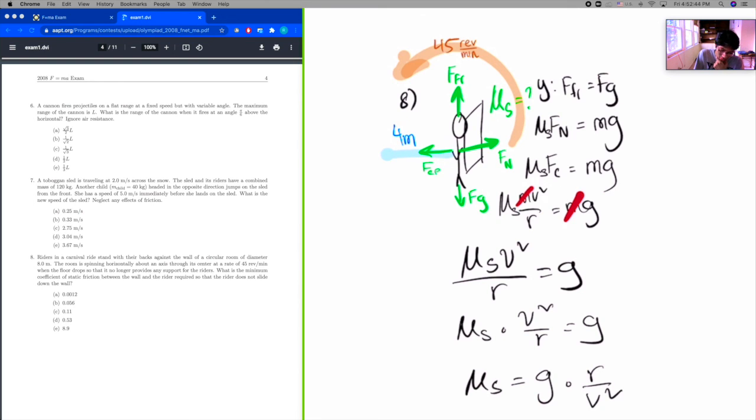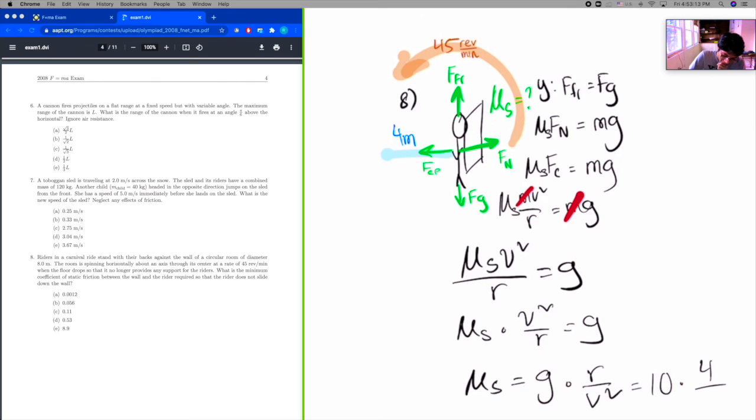Oh, I think I wrote the wrong formula before. Oh wait, no, this is what I got. Anyway, so g r, what is our gravity? That's going to be 10. So 10 times our radius divided by our velocity squared. What is the maximum coefficient of static friction so that the rider does not slide down the wall?